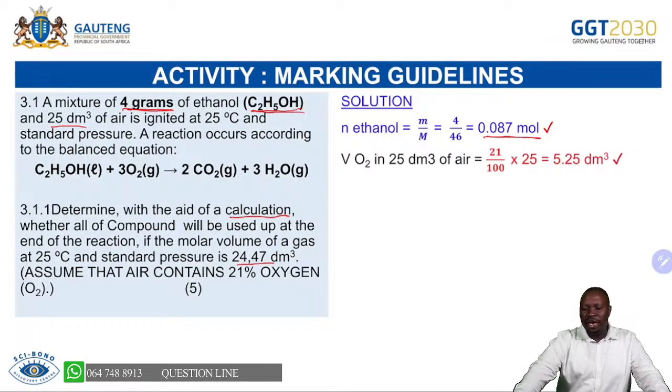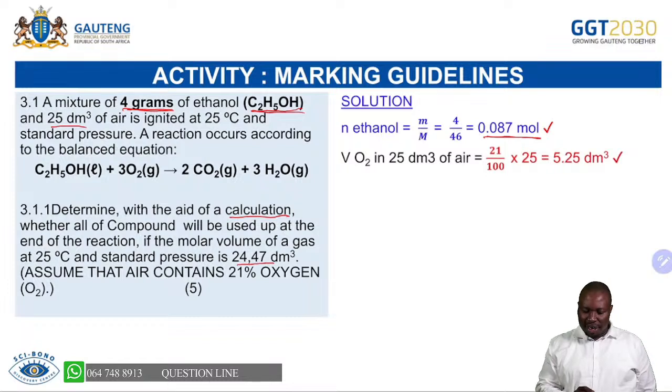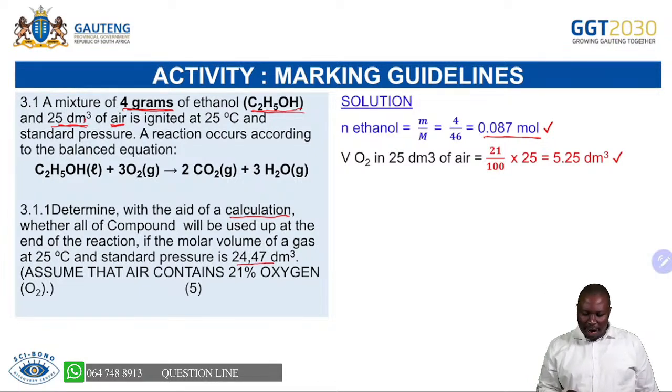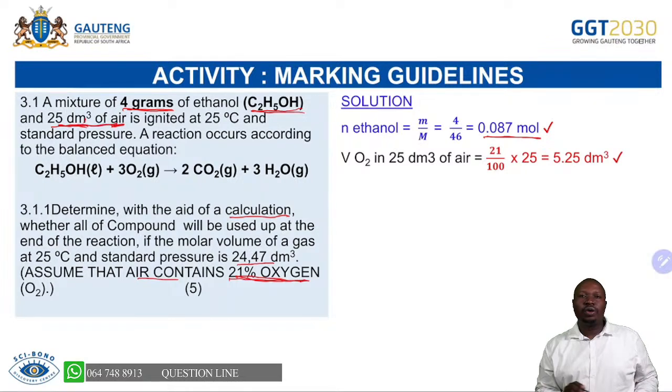The next thing that you are expected to do is that we are given the percentage here to say, all in all, we have 25 mils of air. Of that 25 mils, we are given that 21% of that is oxygen, 21% oxygen. So the air contains 21%, not the whole 25 mils of air is oxygen.